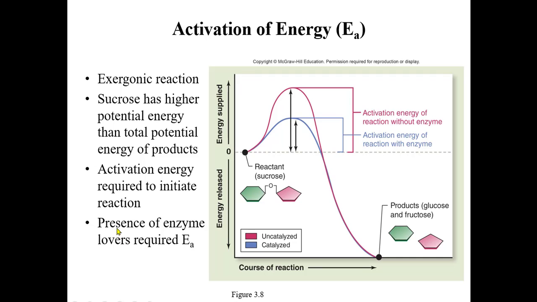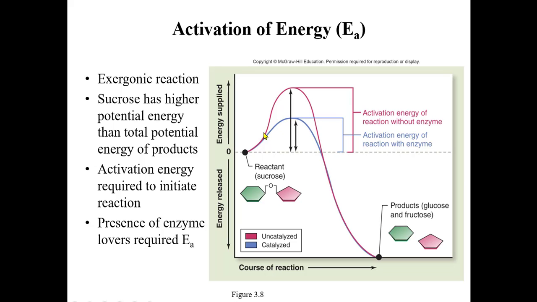So the first thing you notice is that the presence of the enzyme lowers the required activation energy. So let's look at the chart. The red line represents what would happen if I did not have the enzyme. That's a bigger, steeper hill for me to climb. That's the red line because I don't have the enzyme. But with the enzyme is the blue line.